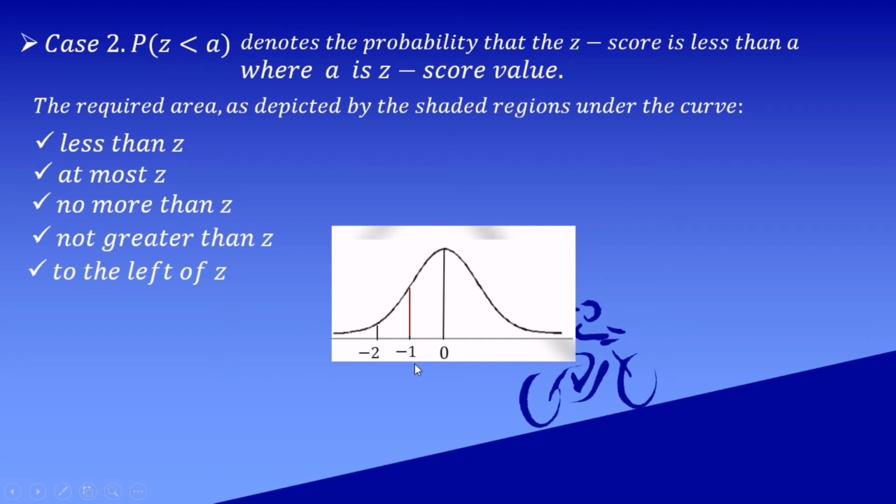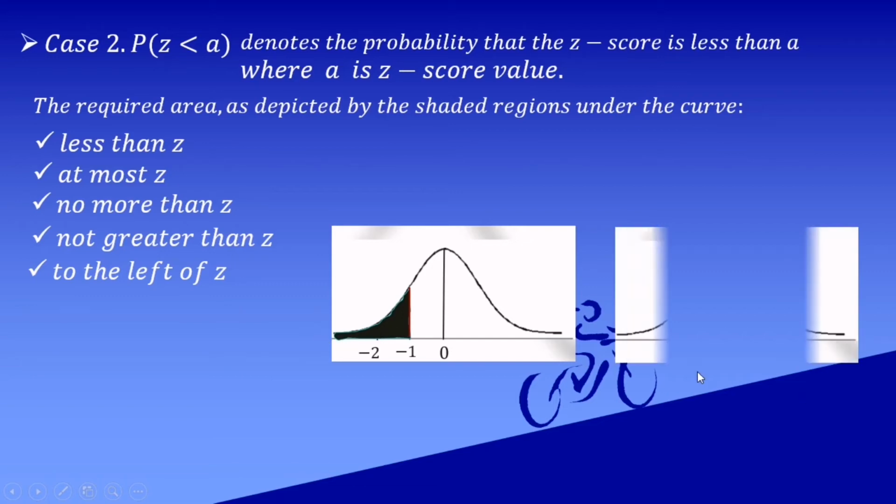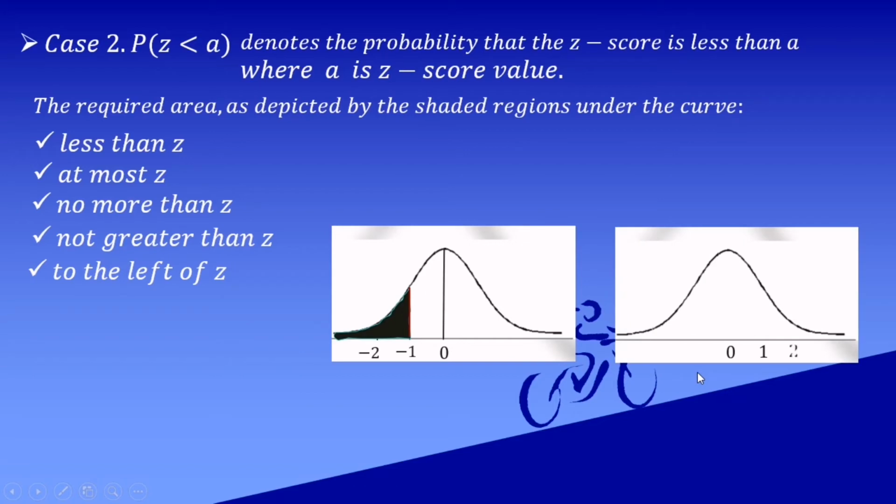For example, if we have the specified value of negative 1, the shaded region is going to the left side. Another example, if we have the z-score specified value of 1, since this is less than a, mula sa a, pababa yung ating shaded region. So ito yung ating probability notation where z is less than a.